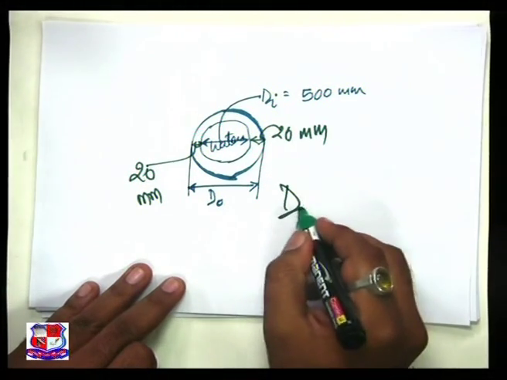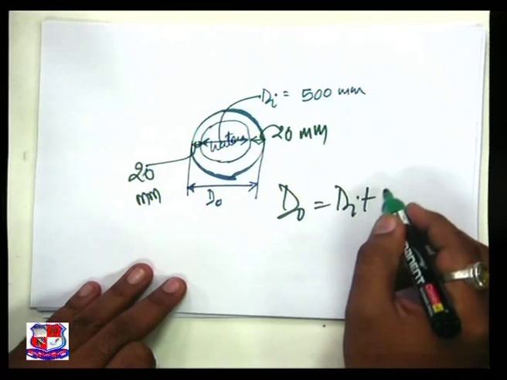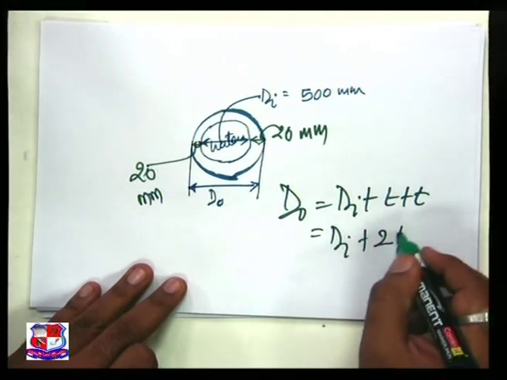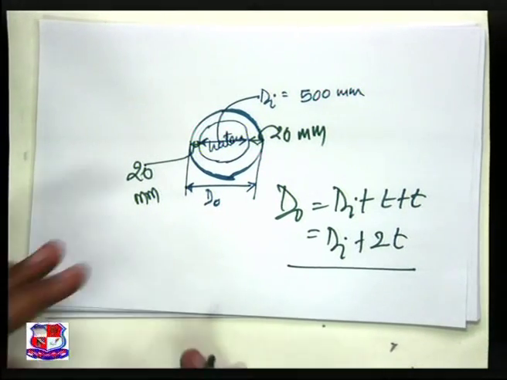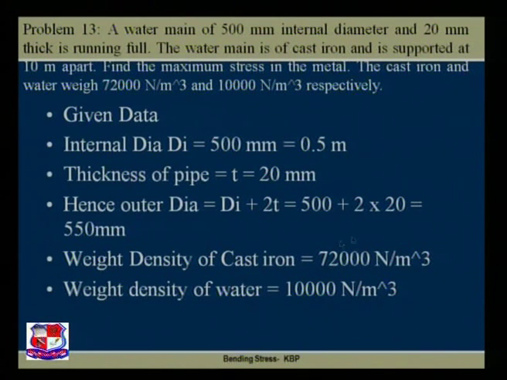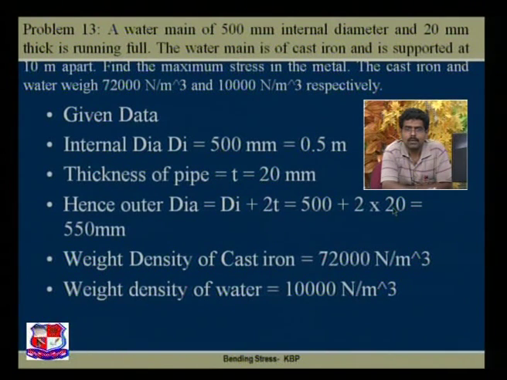So, we can find out do is equal to di plus 2t. If we come on this particular PPT, then outer dia is di plus 2t, that is 500 plus 40, 2 into 20, 40, so 540 mm.